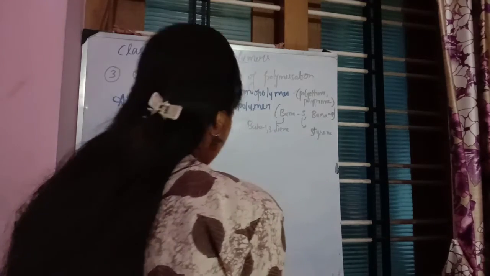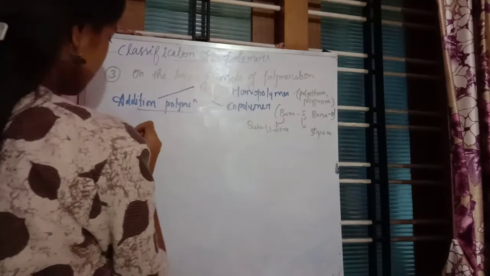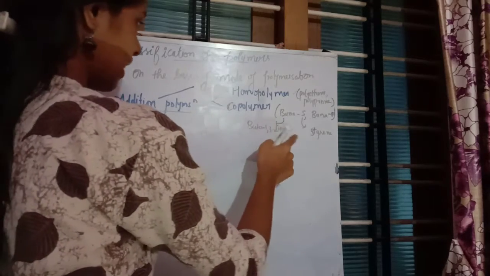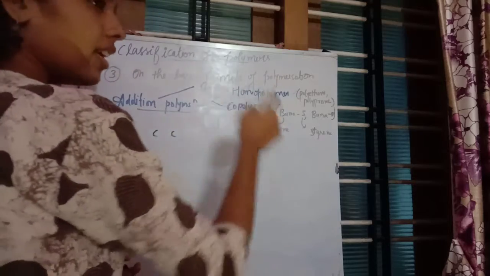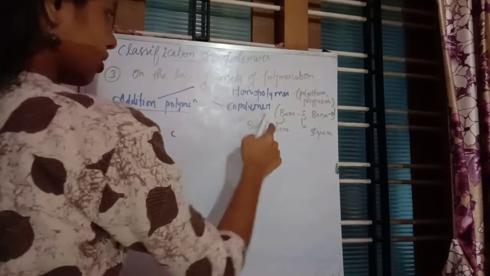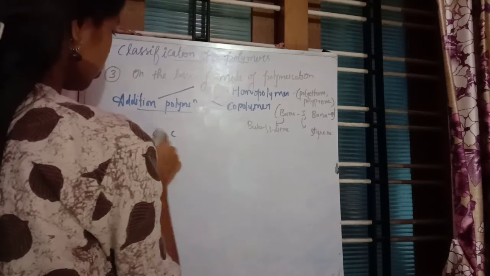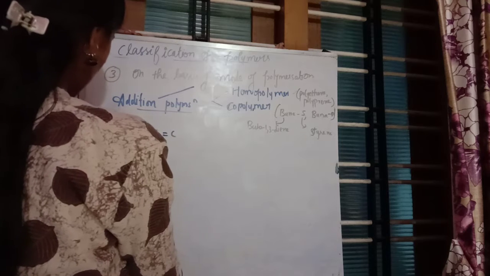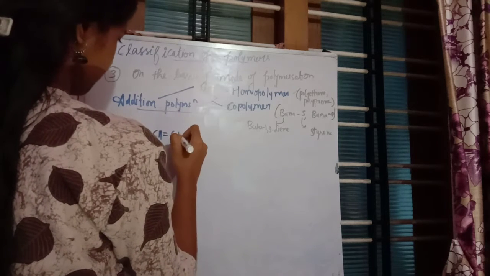So I can write the structure of buta-1,3-diene as: buta means 4 carbon atoms. 1,3-diene means in the first and third position we have double bonds. Diene means double bond. So in the first position, here 1, 2, 3, here also we have a double bond. Now I can fill the hydrogens. Okay.